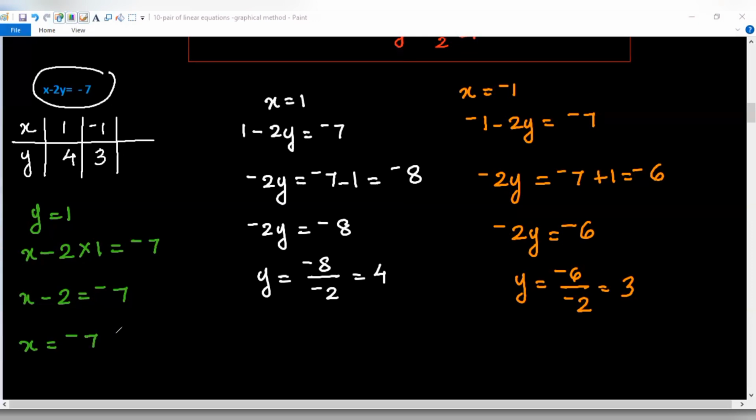So minus 7 plus 2, that is minus 5. Okay, we got integer values, x equals minus 5 and y equals 1. Enough. We got 3 pairs for x and y which are integers, so that we can plot them on the graph.